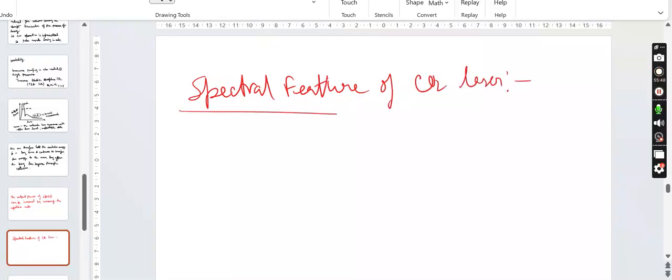This spectral feature of carbon dioxide laser. So for that, as we know, carbon dioxide lasers are capable of operating across a wide range of pressure that can vary from a few torrs to atmospheric pressure and even beyond.